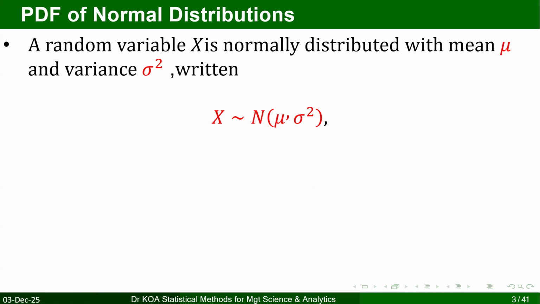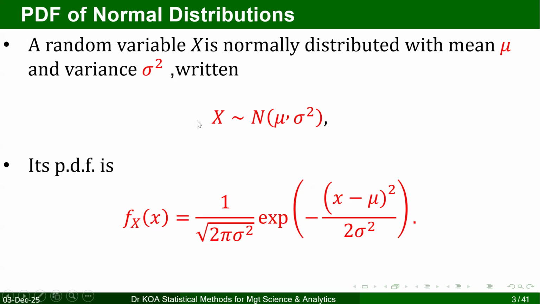That's the standard deviation. So we write it as x is normally distributed with a mean of mu and a variance of sigma squared.